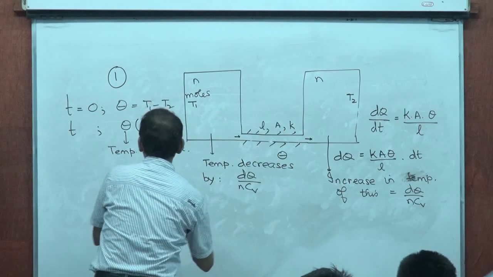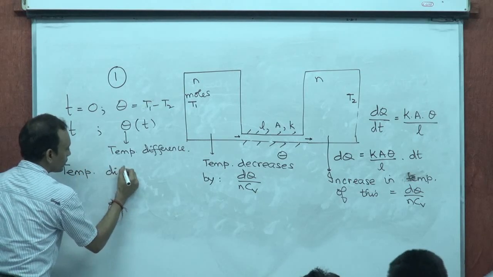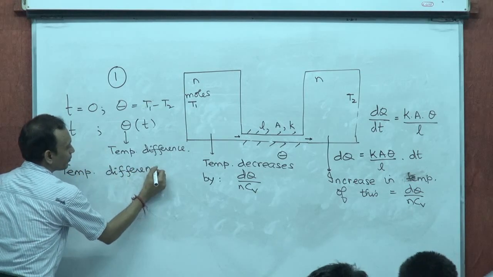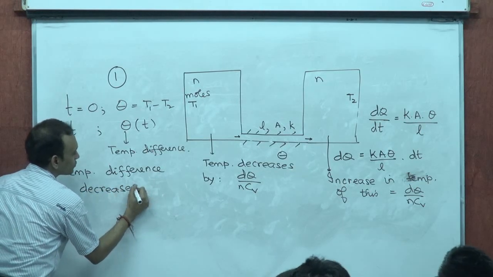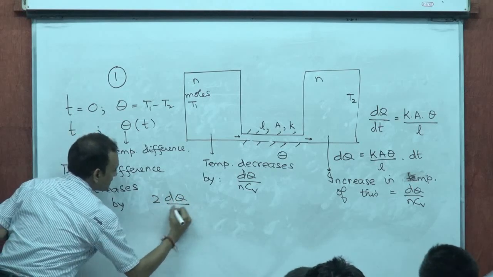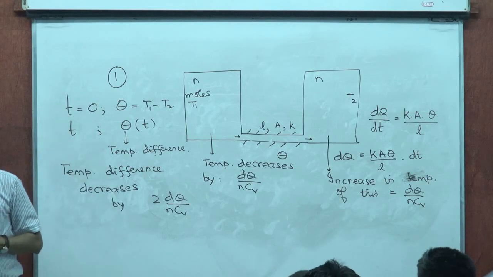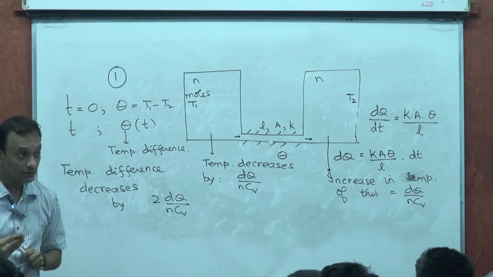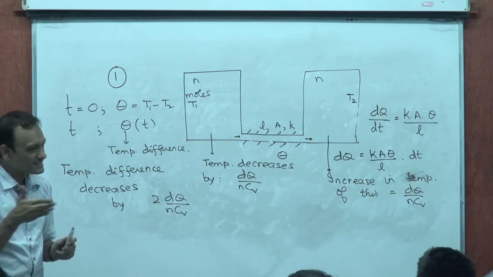So the temperature difference decreases by an amount 2 dQ by nCv. Theta is decreasing with time.